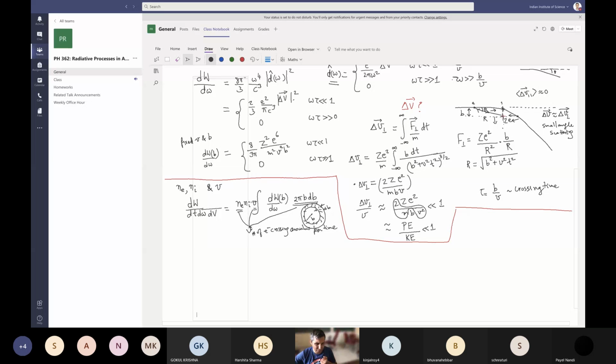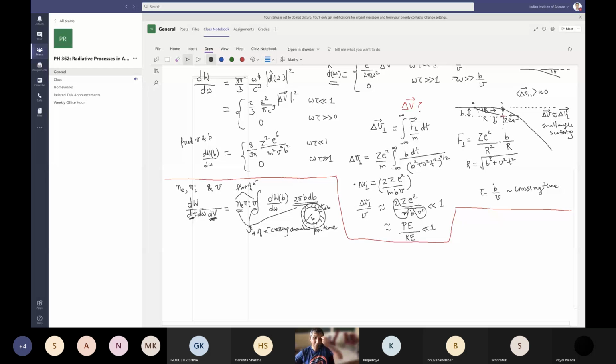Ne times V is just the flux of electrons. Flux times area is the total number of electrons per unit time. And multiplication by Ni gives you this dV per unit volume, because this is the number of ions per unit volume, and this factor gives you the division by dt.